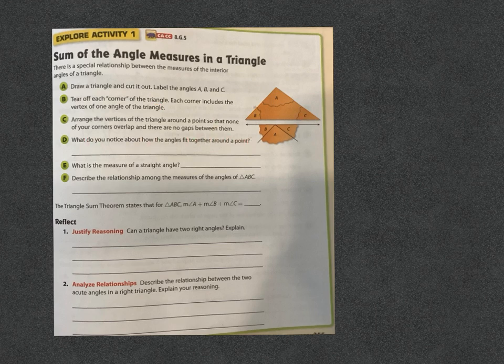What do you notice about how the angles fit together around a point? They make a straight line. And what is the measure of a straight angle? That is 180 degrees. Hopefully that's in your memory banks now. So they ask us, describe the relationship among the measures of the angles of triangle ABC.